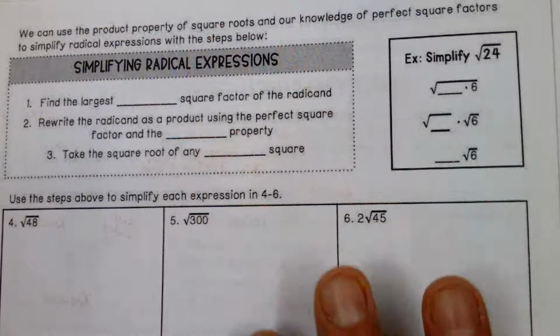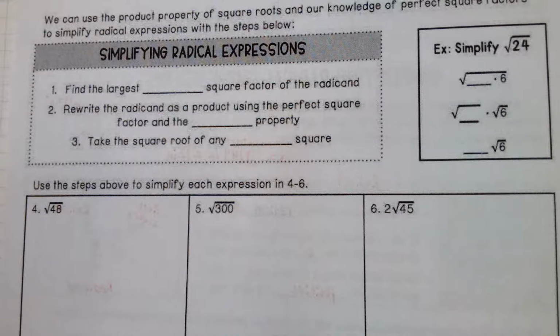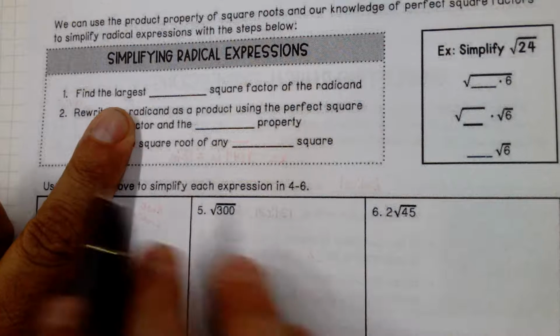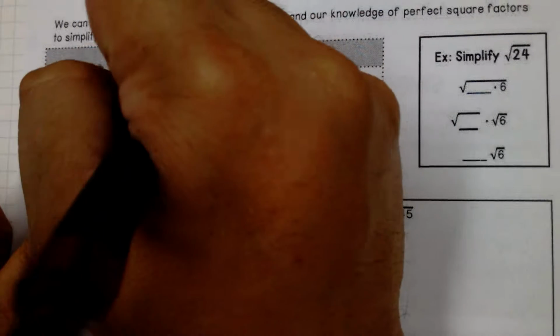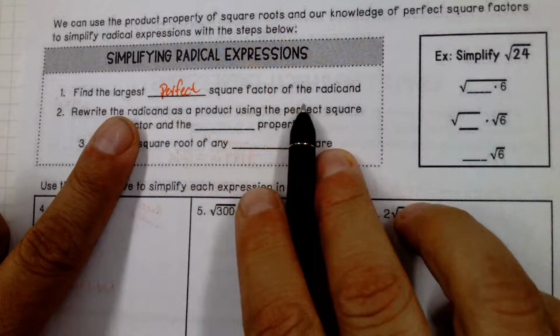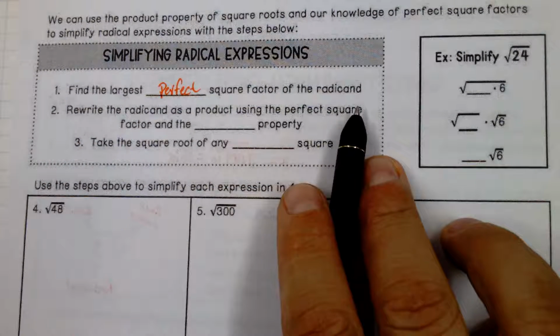So basically what happens next is what we just talked about. We're going to find the largest perfect square factor in the radicand.